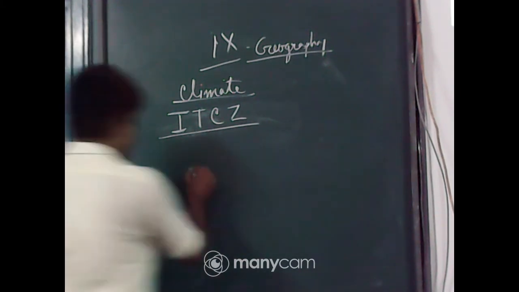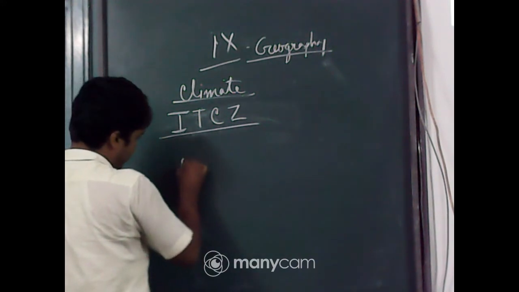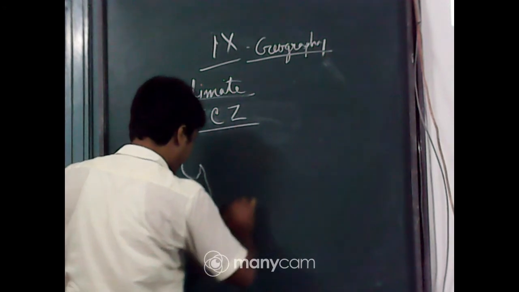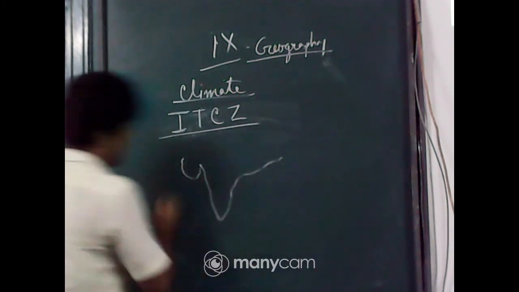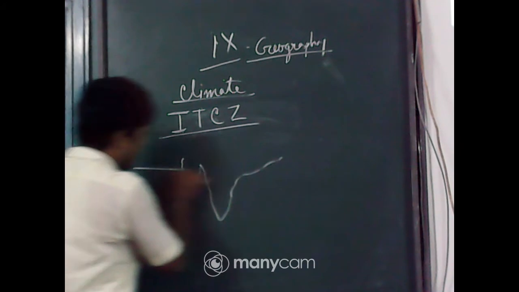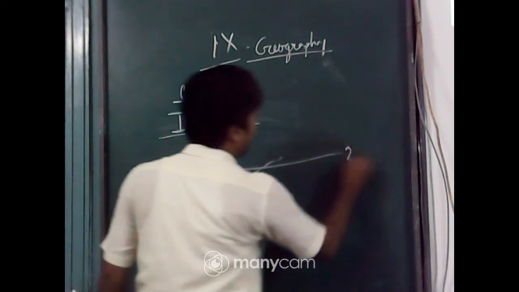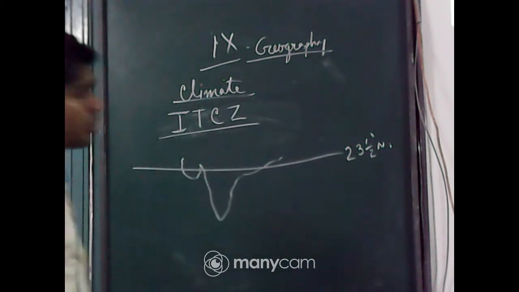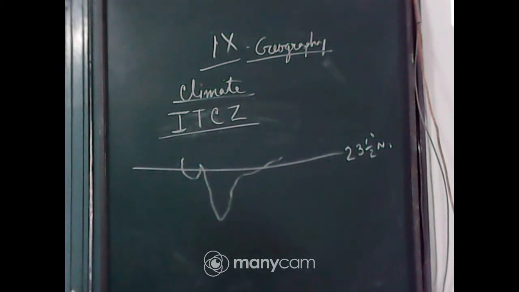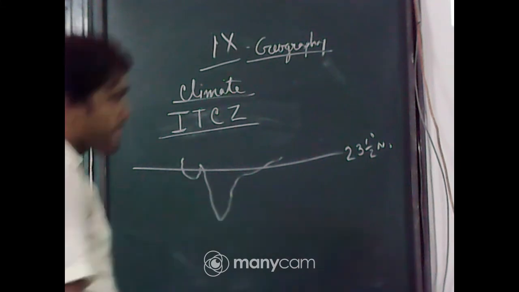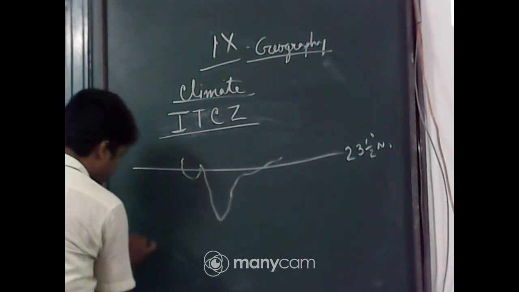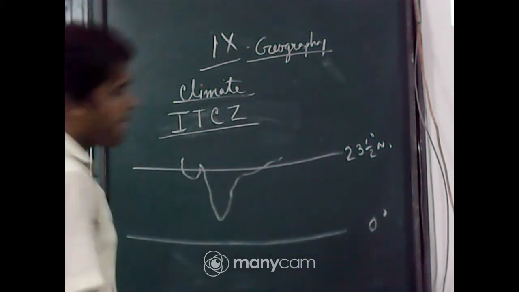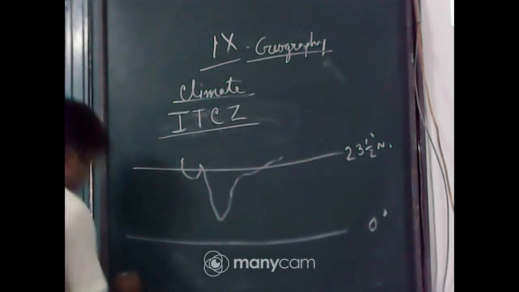Suppose in the Indian landmass, you know that this is 23.5 degree north. What is the name of this latitude? 23.5 degree north. Tropic of Cancer, very good.